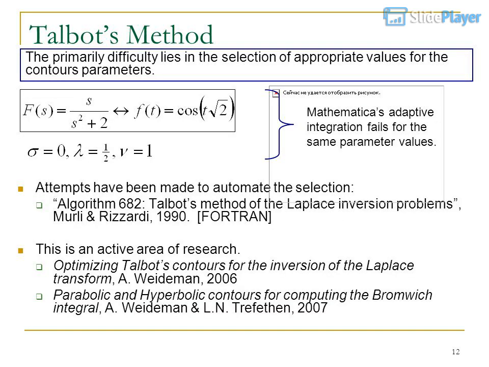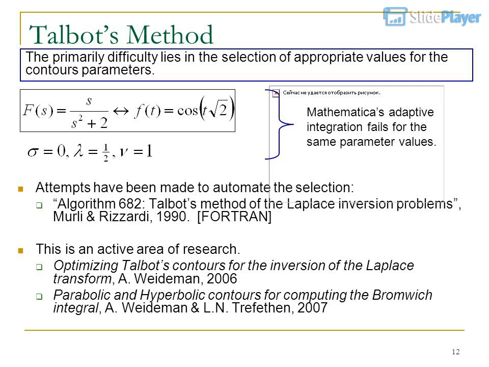Talbot's method. The primary difficulty lies in the selection of appropriate values for the contour's parameters. Mathematica's adaptive integration fails for the same parameter values. Attempts have been made to automate the selection. Algorithm 682, Talbot's method for the Laplace inversion problem, Murli and Rizzardi, 1990, in Fortran.